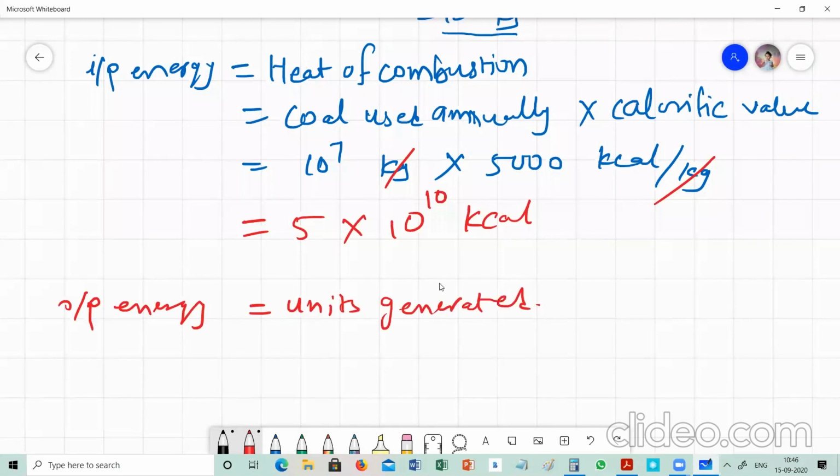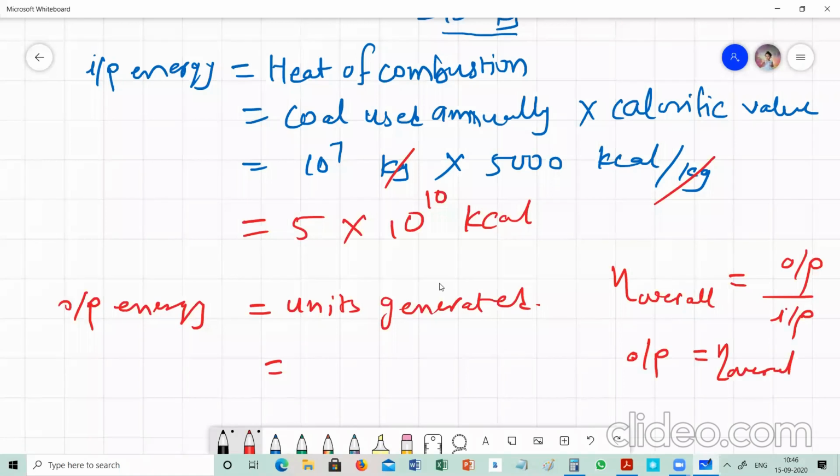Using this formula, eta overall is equal to output by input, means output is equal to eta overall into input.